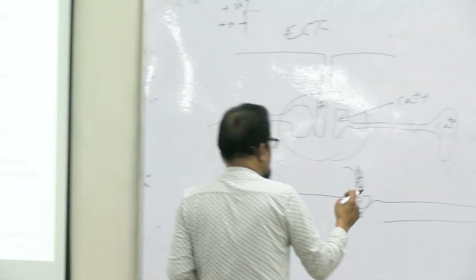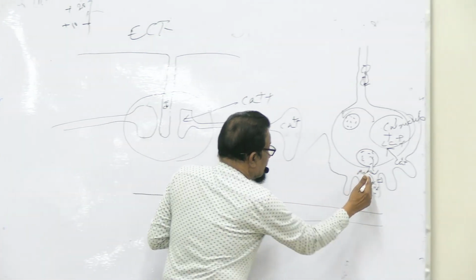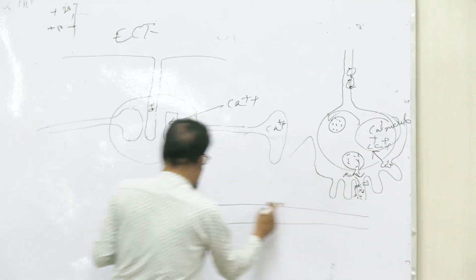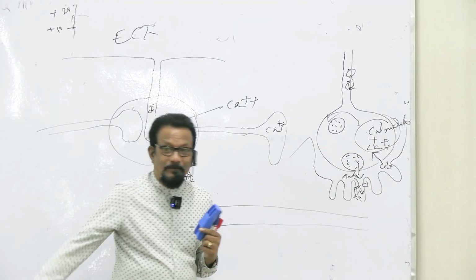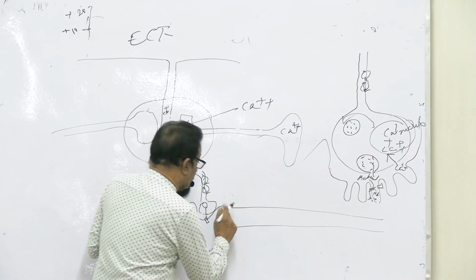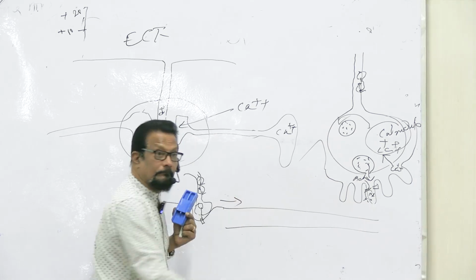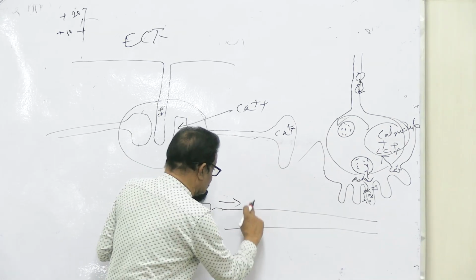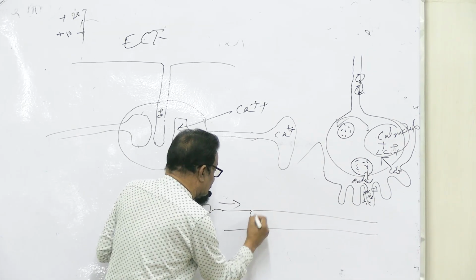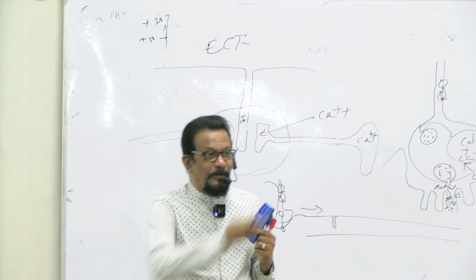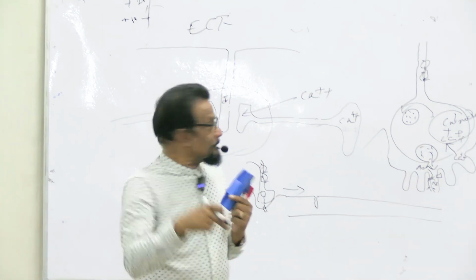With this formation of sink, this action potential will be traveling along the sarcolemma. While traveling along the sarcolemma, it will get to the T-tubule. So it will enter within the T-tubule.